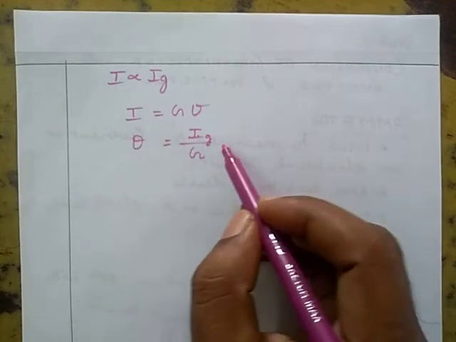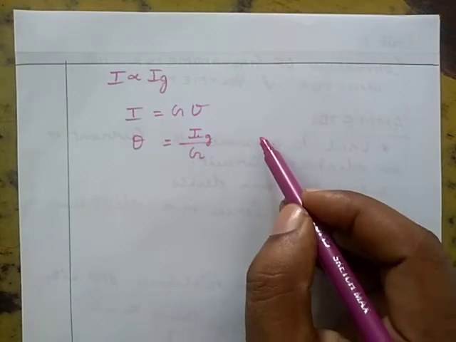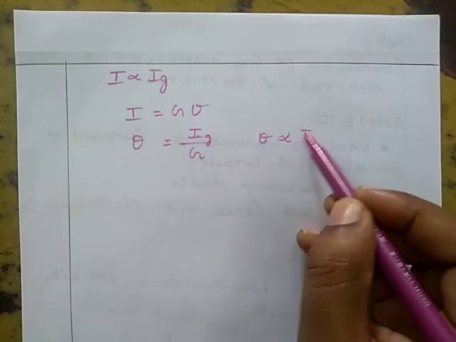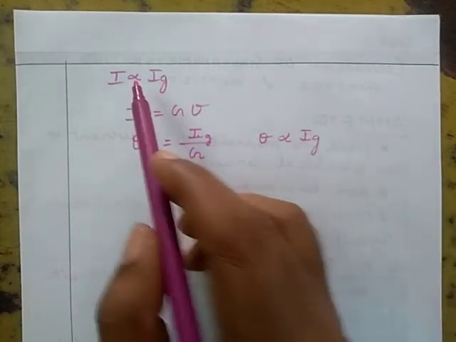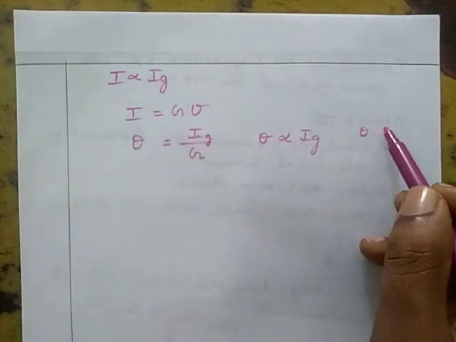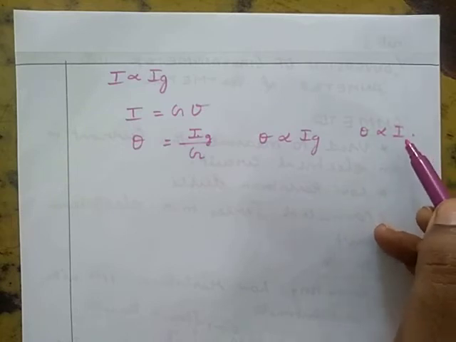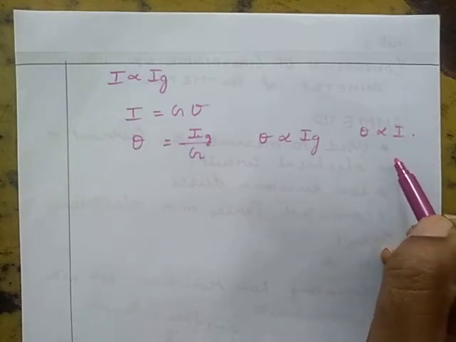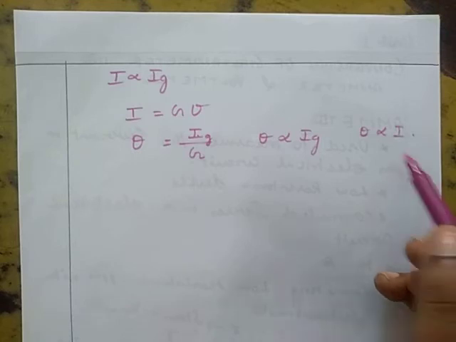Then we can write theta is proportional to Ig. Since Ig is proportional to I, we can write theta is proportional to I. The deflection in the galvanometer measures the current passing through the circuit.